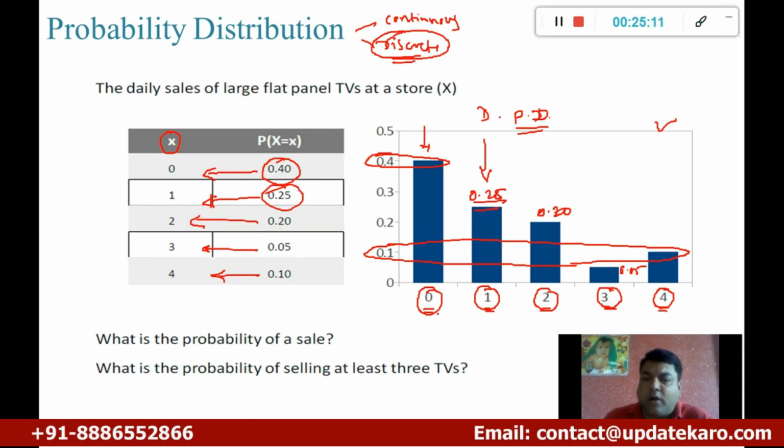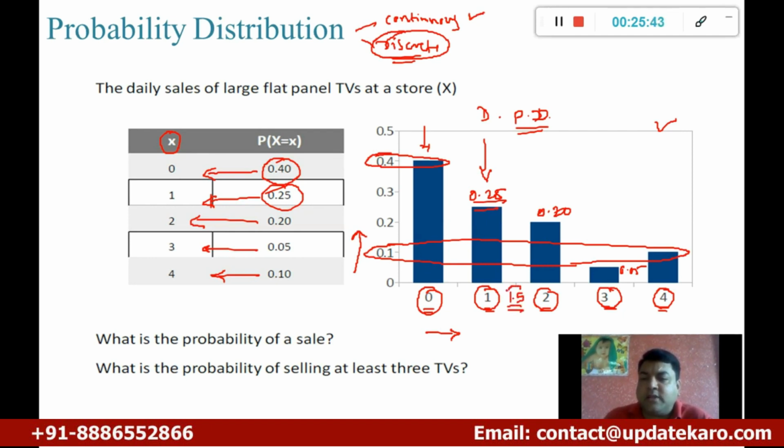If I plot the values of a random variable on the x-axis which are continuous in nature, and the probability associated with that random variable value on the y-axis, then whatever chart I get will be called a continuous probability distribution, right? Here you can see I cannot have 1.5 television sales.